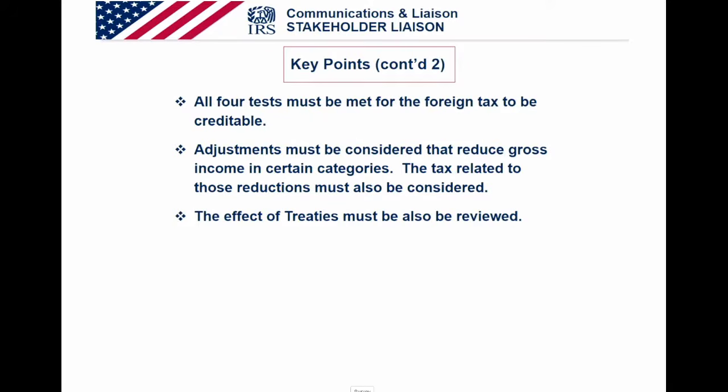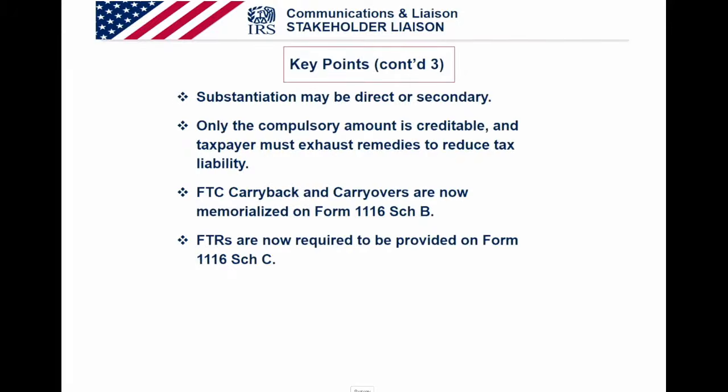Thanks, Loretta. All four tests must be met for the foreign tax to be creditable. Adjustments must be considered that reduce gross income in certain categories. The tax related to those reductions must also be considered. The effect of treaties must also be reviewed.